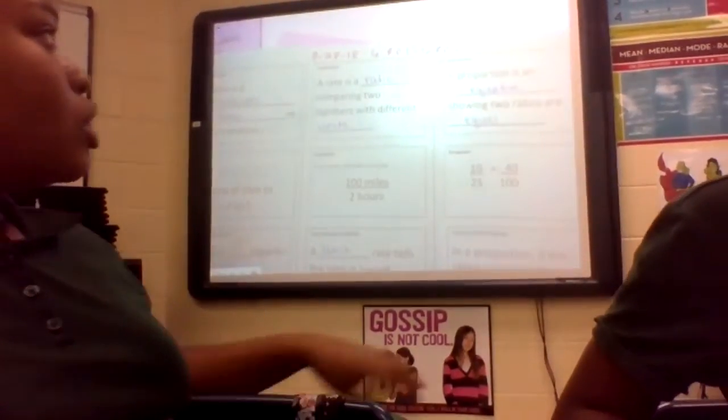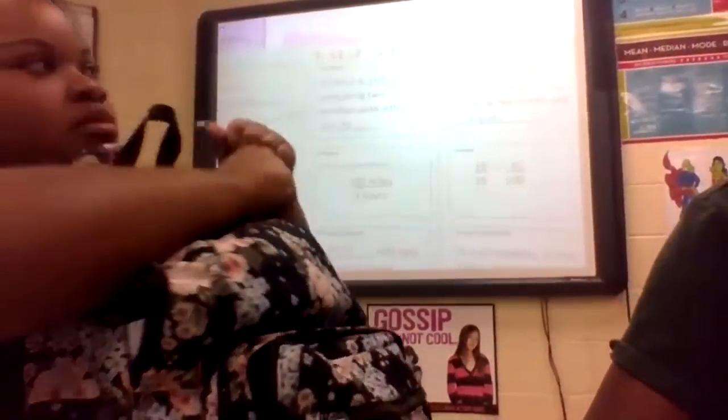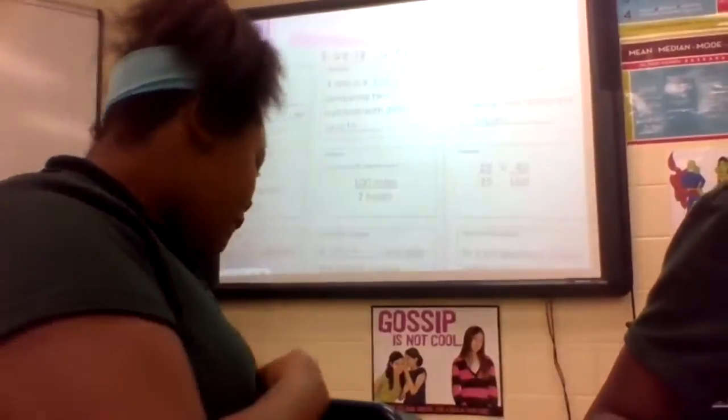Don't write on this paper. Open your notebook, turn to the math section, to the next clean page. I'm going to give every group a glue stick. Just glue the middle into your notebook.